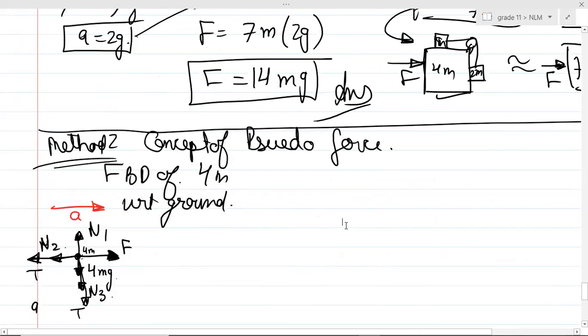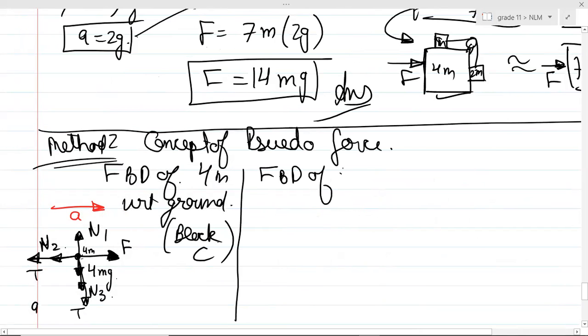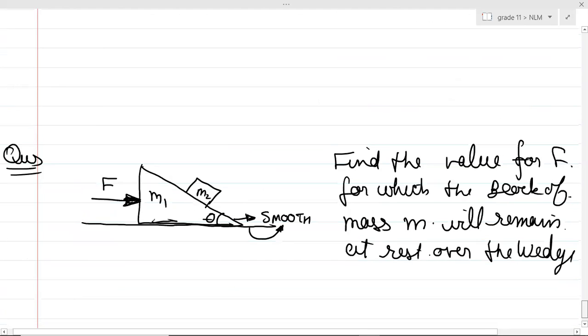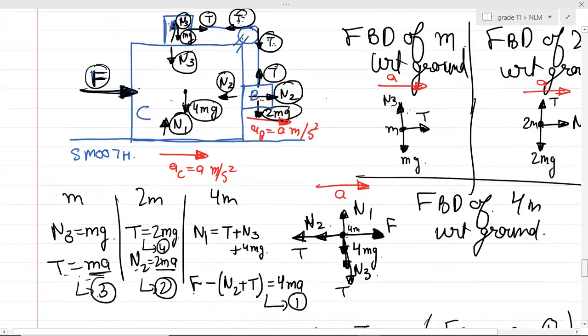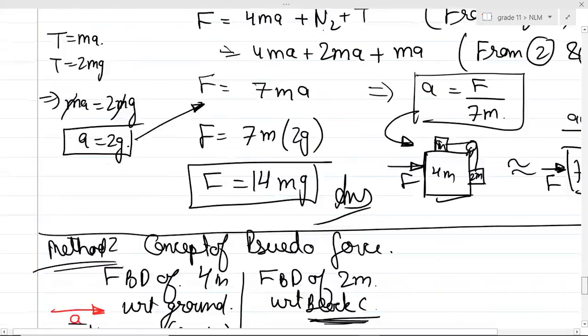This is not A and B, this is block C, the bigger block. Now, if I draw the FBD of 2M with respect to block C, please remember, this block C is accelerating with an acceleration A, right?